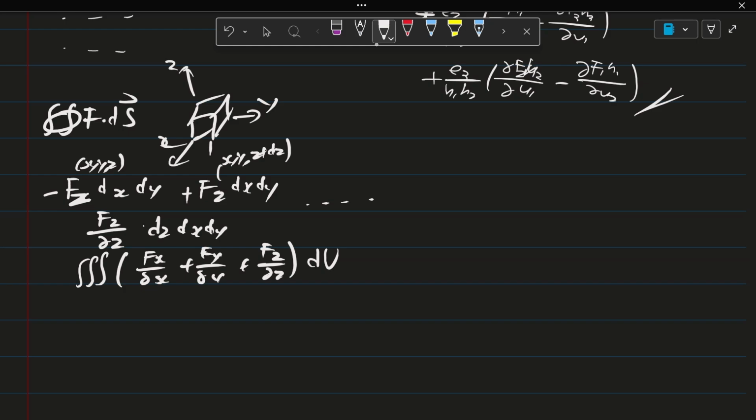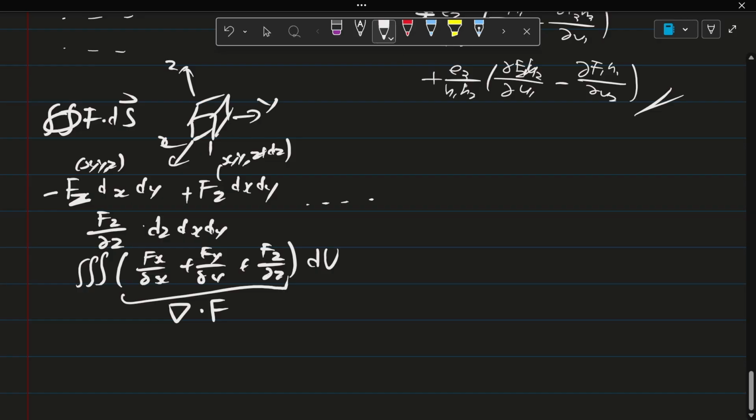So you have a triple integral of this closed surface, to be this guy here, which is something we'll call the divergence of f. And this relation is something which we call the Gauss theorem. And this nabla dot f corresponds to the divergence.